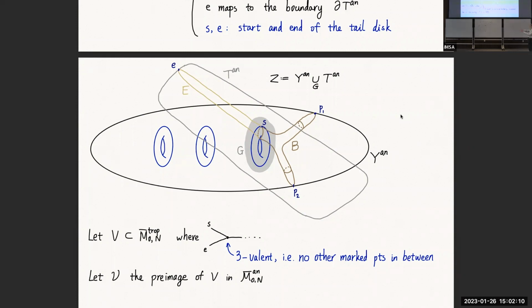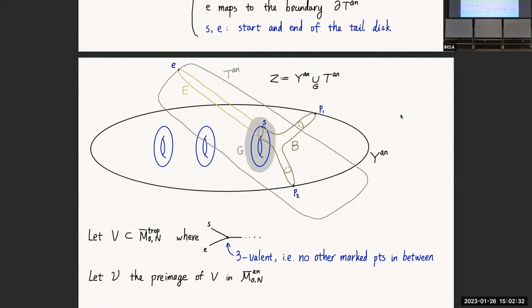We don't want any other marked point to get between S and E. And then we consider curly V to be the pre-image of this V in the analytic moduli space of pointed curves. Here, just the curves.